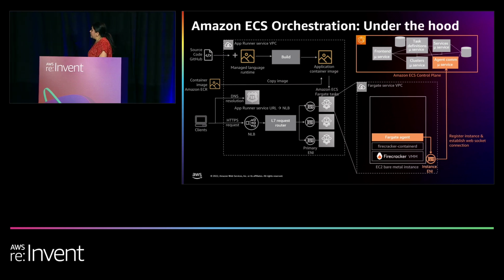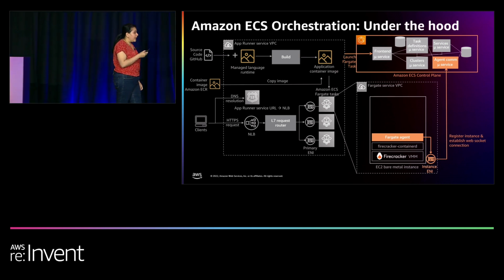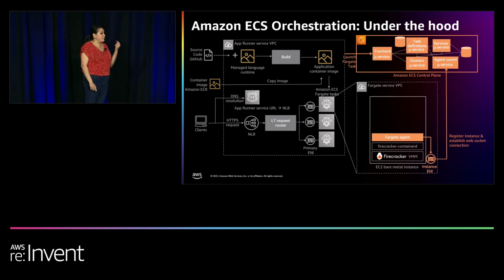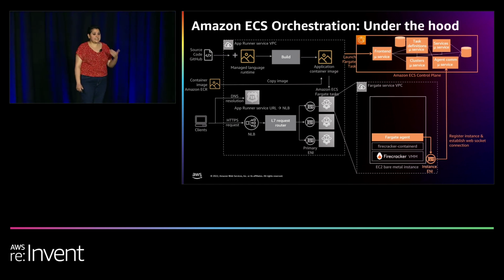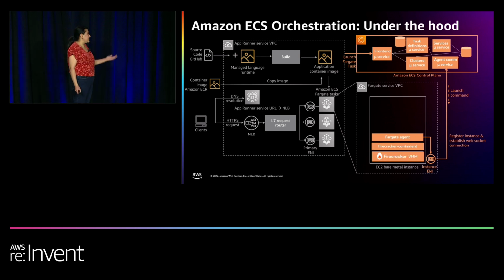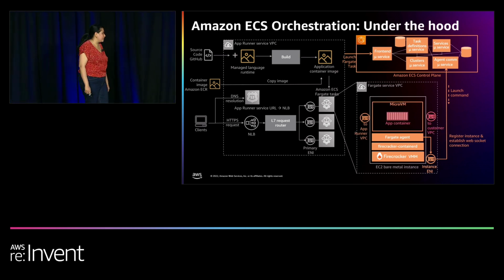And then when App Runner, as a client of ECS, calls ECS to launch that Fargate task in the App Runner VPC, the placement algorithm in ECS lights up, and it picks a specific bare metal instance, and the agent communication service is called upon to communicate with the Fargate agent and send it the command and all the configuration that the agent needs. The agent then speaks to containerd, and the micro VM is spun up with your application container in it.